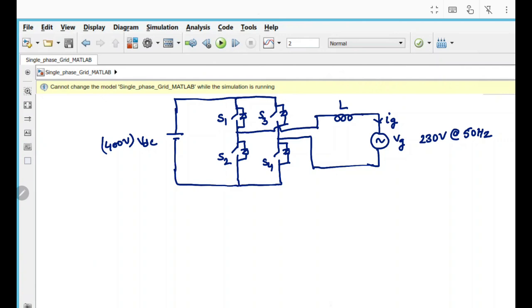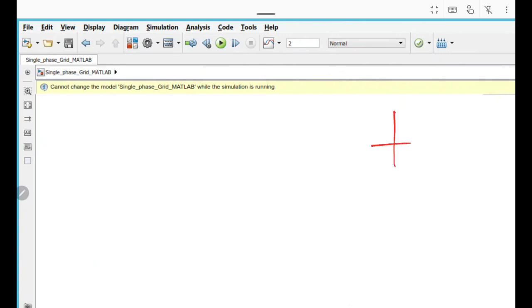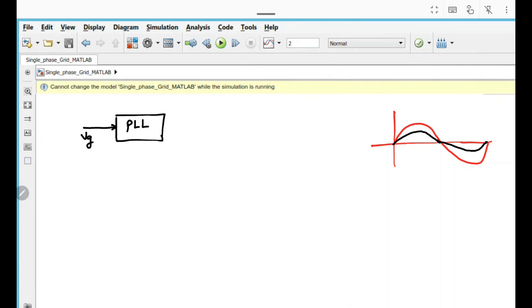For this, the control circuit is such that the grid current will always follow the grid voltage, such that we have a grid voltage like this, and the grid current will be following the grid voltage. So we are sensing the grid voltage, and this grid voltage is fed to the phase lock loop.